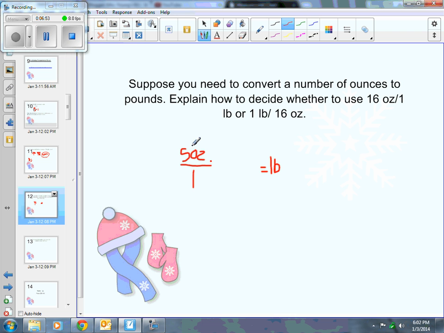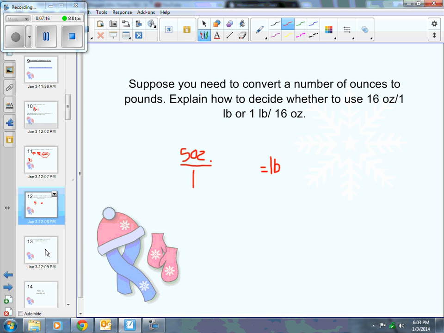I always want to remember I want to get rid of my ounces and think about my pounds. In your notebook, I'd like you to figure out which one you would use, 16 ounces over 1 pound or 1 pound over 16 ounces, and I will check that when I check your work in the next class.